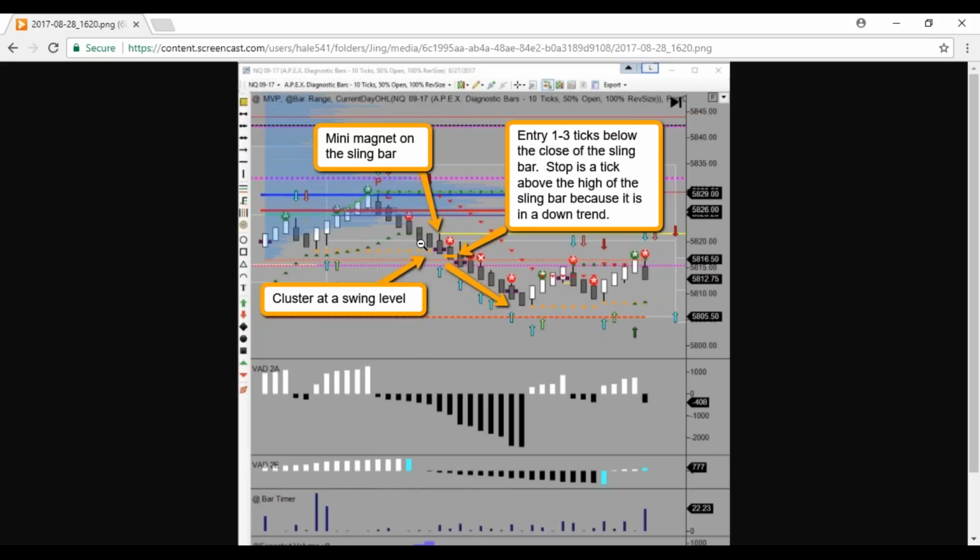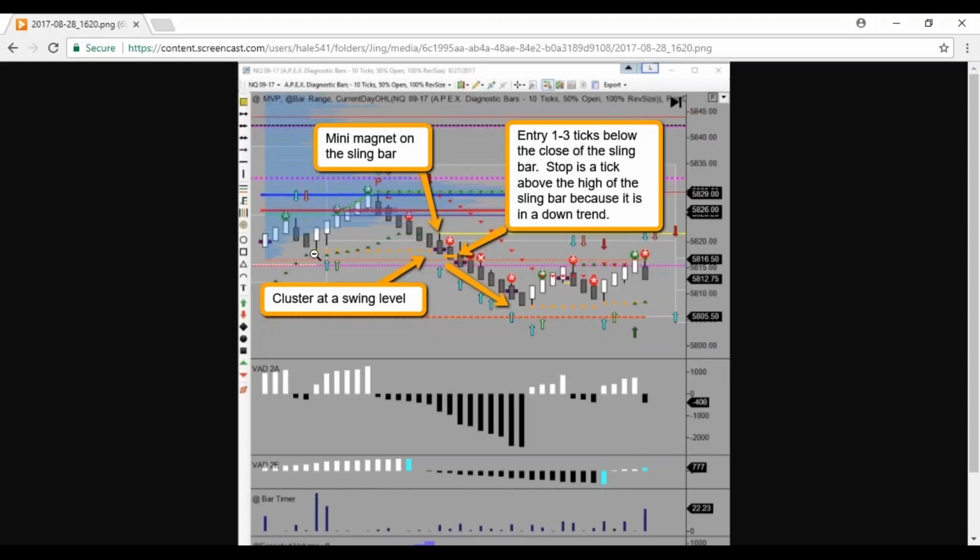We talked about slings yesterday and what they are in general, as a general trade. The power slings are when you get the sling or elevator at the swing levels. Do you see why that's powerful at the swing levels? Because that's a previous place where what?